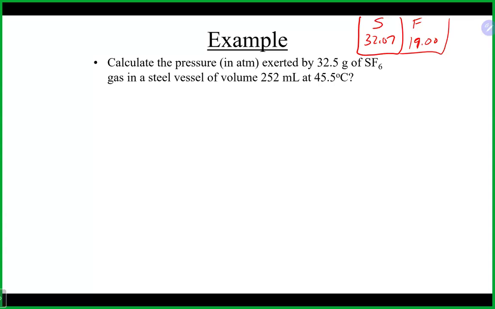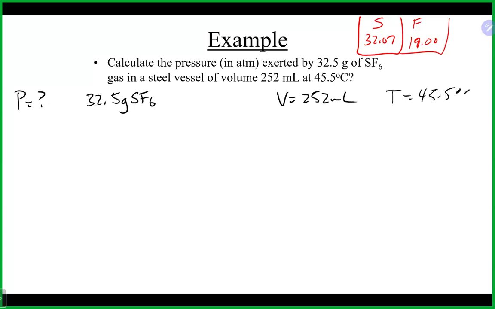If we pull out the information, we are looking for a pressure here. We have 32.5 grams of SF6, a volume of 252 milliliters, and a temperature of 45.5 degrees Celsius.